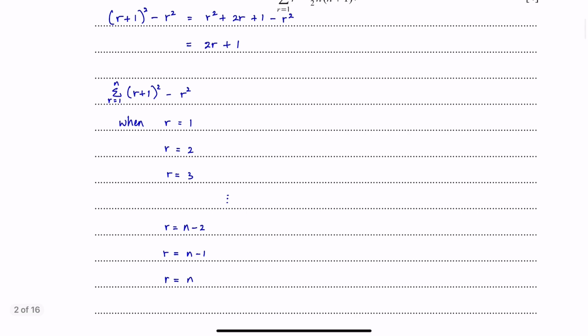So starting from r equals 1, we will have 2 squared minus 1 squared. This is 3 squared minus 2 squared. Basically, we just sub these numbers into this whole thing.